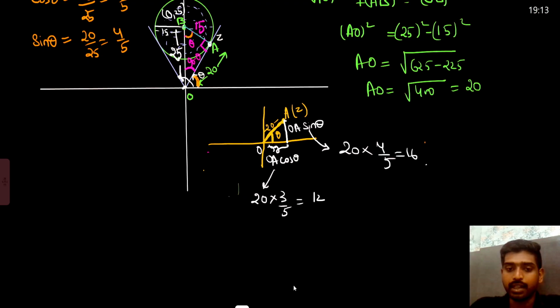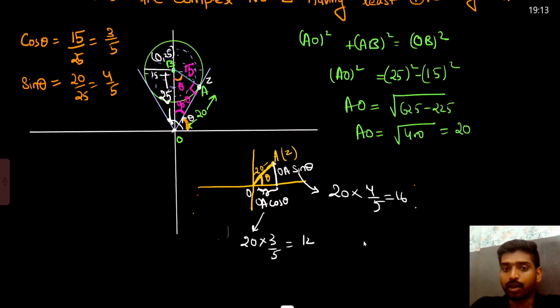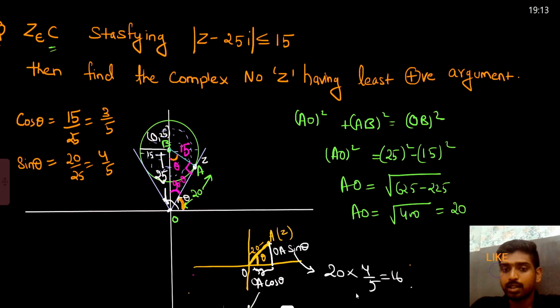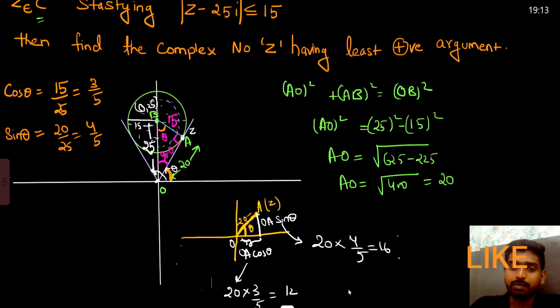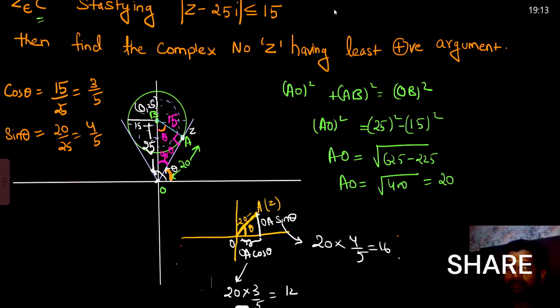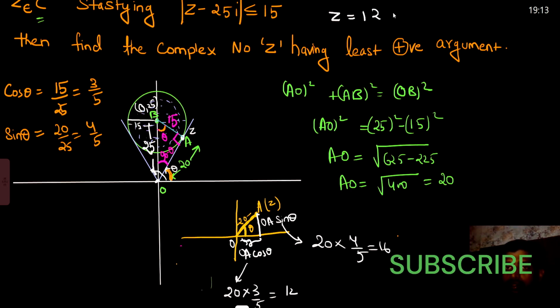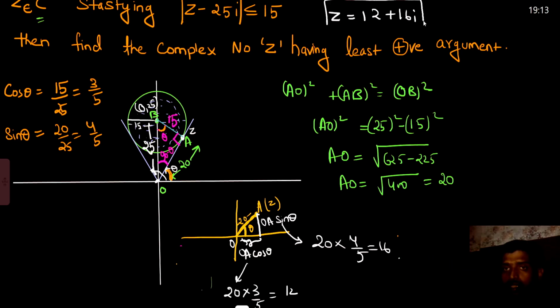So the coordinate of A is 12 comma 16. So my required complex number Z is 12 plus 16 iota.